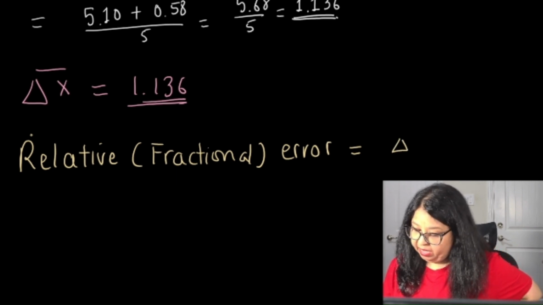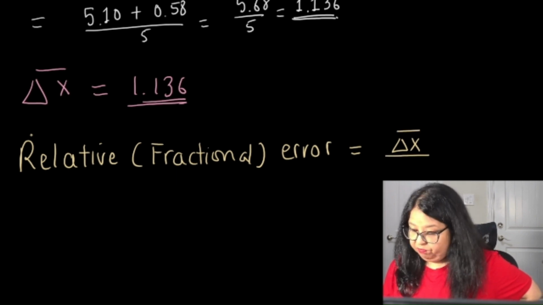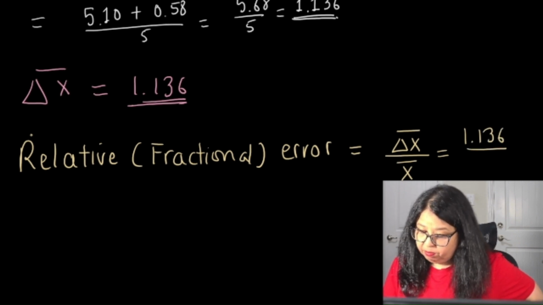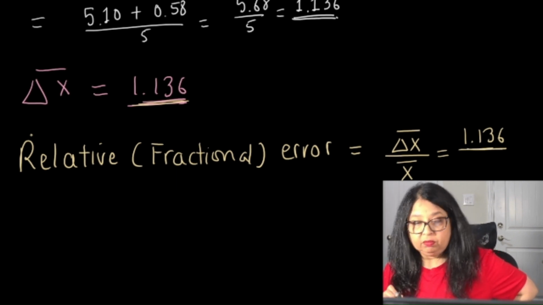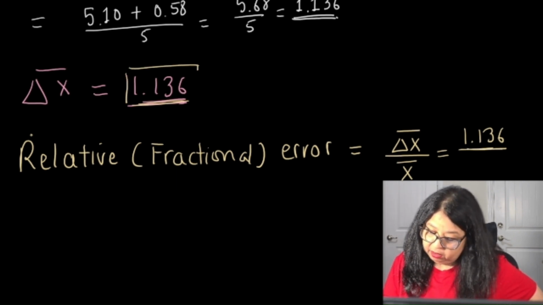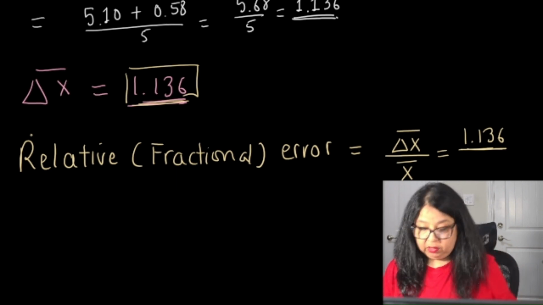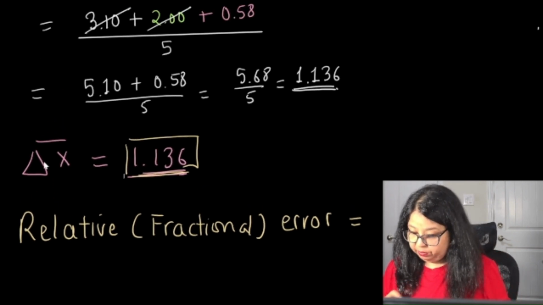It will be defined as the mean absolute error divided by the mean value. And we just calculated the mean absolute error to be 1.136. I am keeping this entire value, all the digits, even though at the end I'm going to round this off. I'll show you how when I get there.